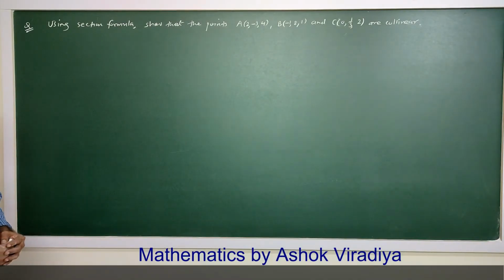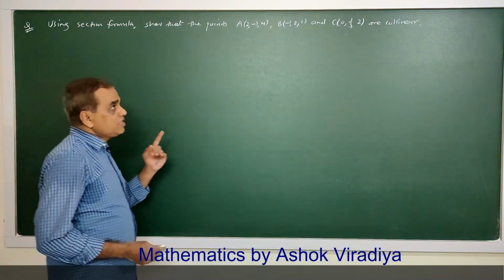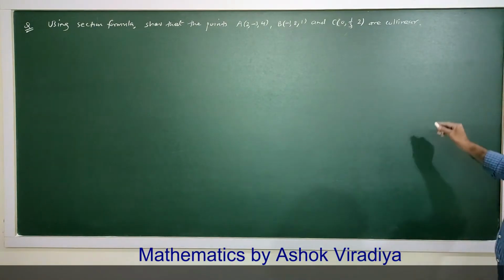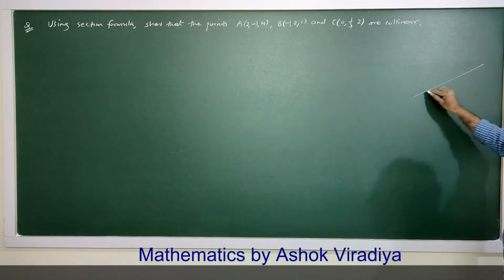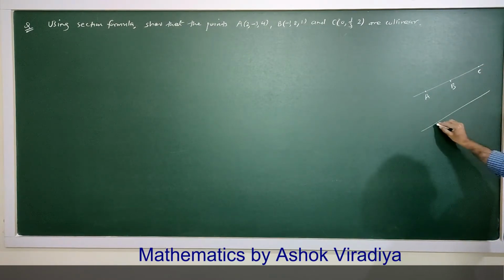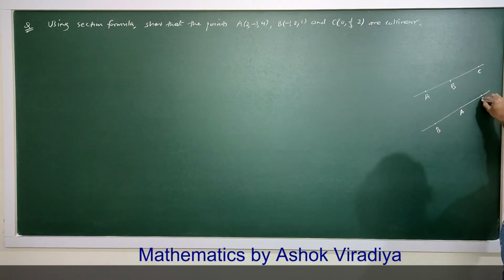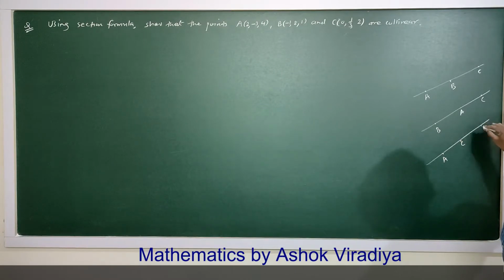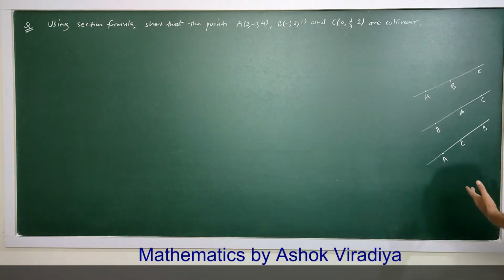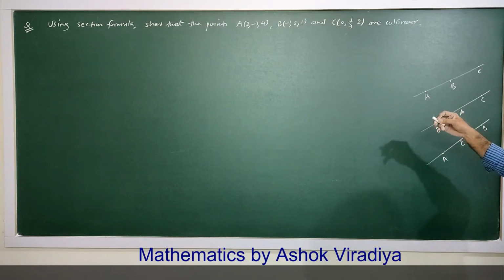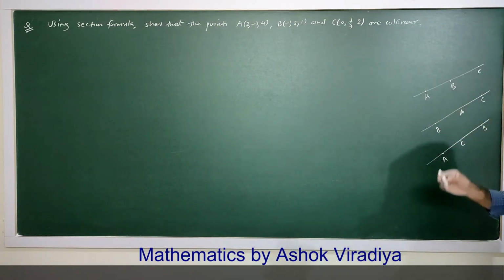Using section formula, show that these points are collinear. Say points A, B, C are collinear. So it can be A dash B dash C, or it can be B dash A dash C, or it can be A dash C dash B. These are the possibilities if A, B, C are collinear. And if any 3 points are collinear, then we can speak 3 statements.